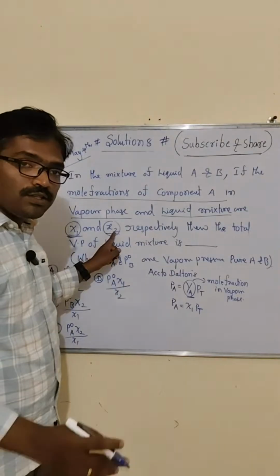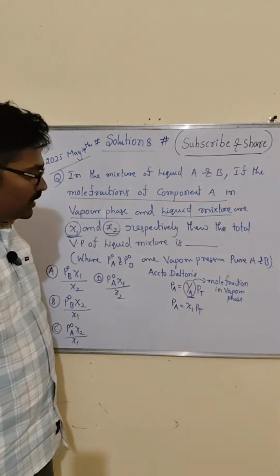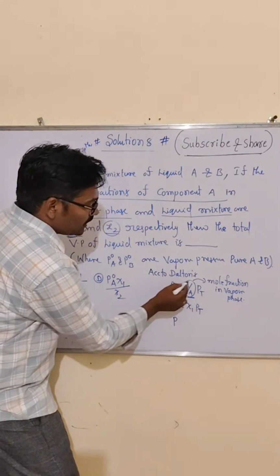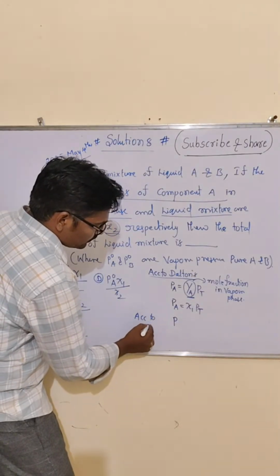One more: what is the formula that relates to the mole fraction of the liquid phase? That is PA according to Raoult's law. The earlier one was Dalton's law; this is according to Raoult's law.